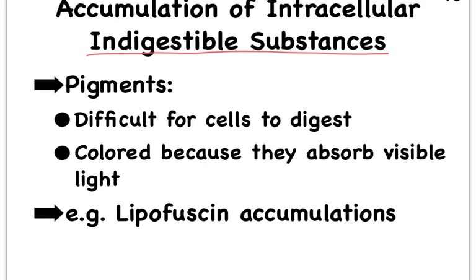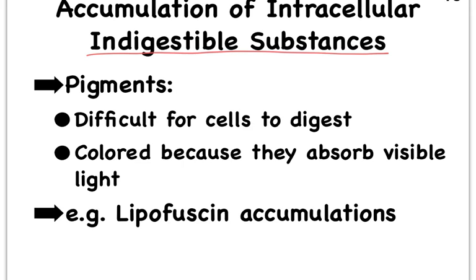And when we say digest, meaning breaking them down into molecules that then the cell can reuse for something else, right? So they just sort of hang out in the cell. And we call them pigments because these are chemical substances that pick up certain wavelengths to where we can see them. They're slightly differently colored.